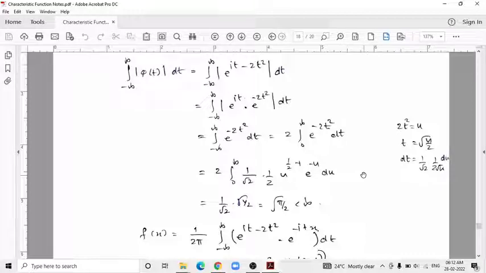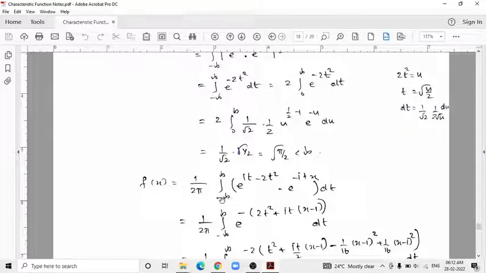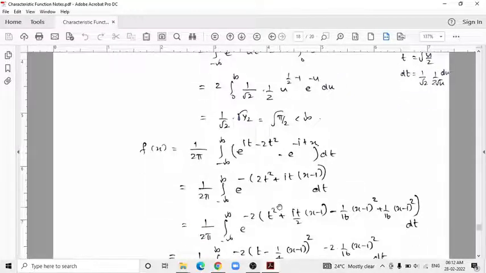So again we use that inversion formula. So we have this step, 1 by 2 pi integral minus infinity to infinity e raised to it minus 2t square into e raised to minus itx dt. So doing the simplification here, we are inserting some term in order to make that exponential part a perfect square.